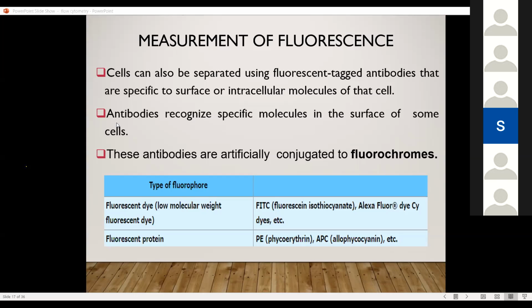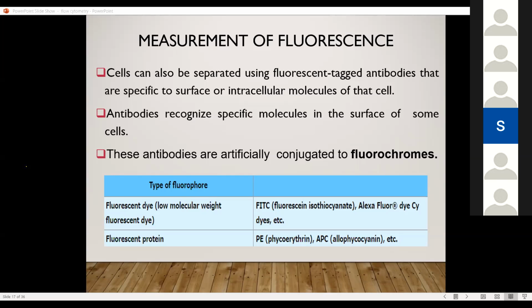If you synthesize them at the nanometer scale, are you able to see this picture? No, ma'am. We are just seeing the slide with the measurement of fluorescence. Just wait a minute, I will show you the picture. Can you now see? No. Okay, I will share my screen again.